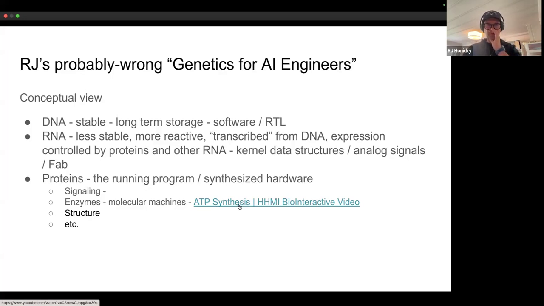This is what's called an enzyme. An enzyme is a molecular machine created from many proteins. This particular one is called ATP synthase.